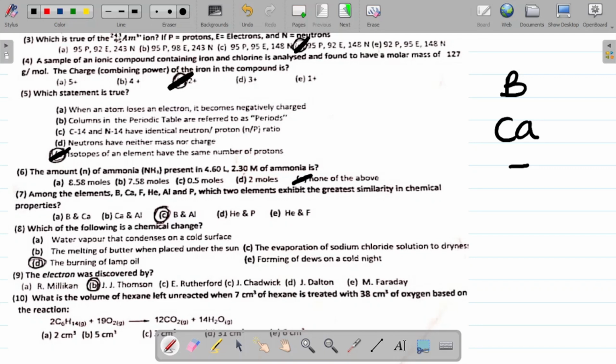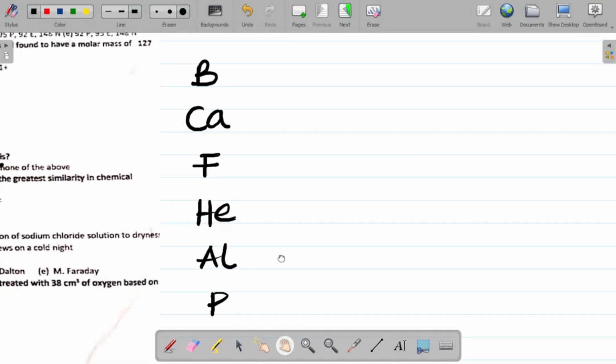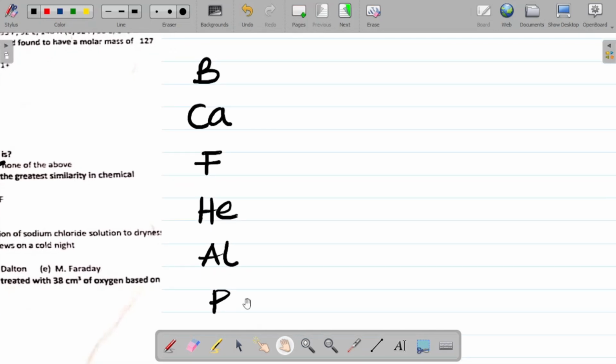We have fluorine, F. We have helium, He. We have aluminium, Al. We have phosphorus, P. Alright, so with this now, let's get their electronic configuration. From there we can also get their valence electrons.